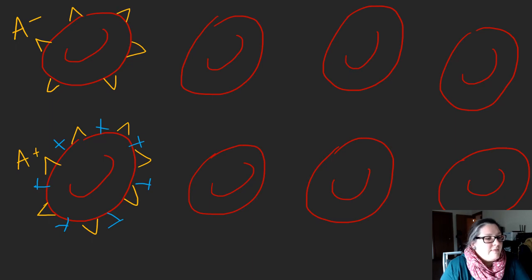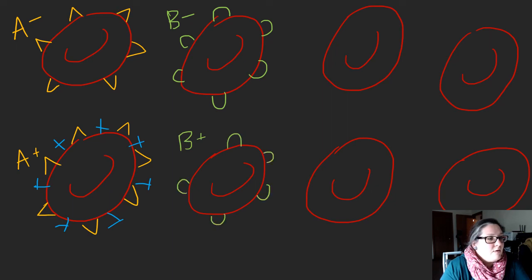So if they have B type blood, B negative, oh, I didn't plan this very well. Let's do a different color here. B type blood, B negative will have the B surface antigens, but no Rh positive. B positive will have the B surface antigens and also the Rh factor. We can also call it the D antigen.